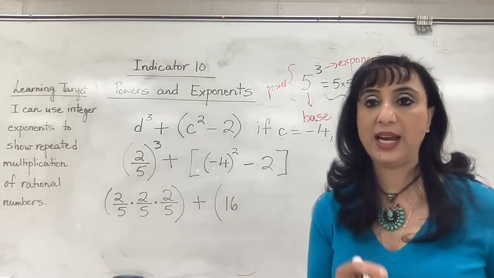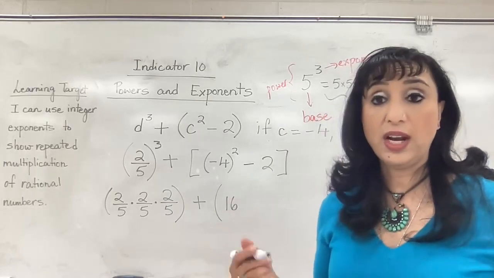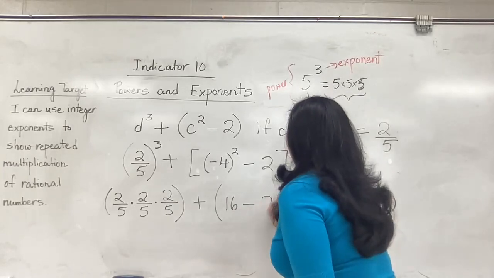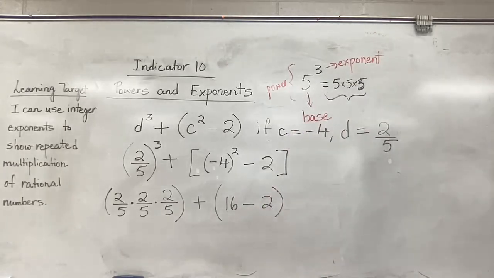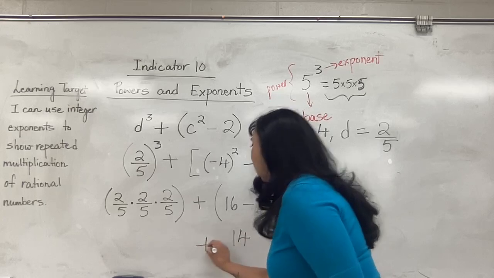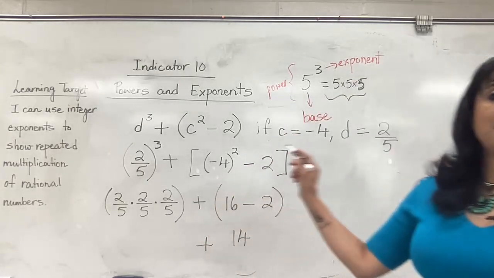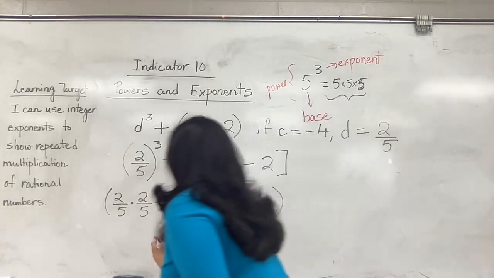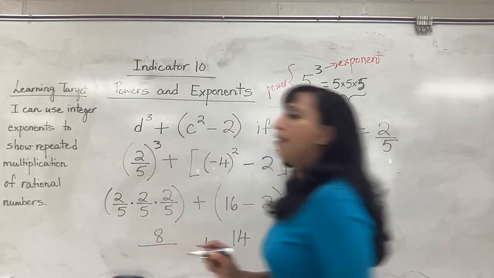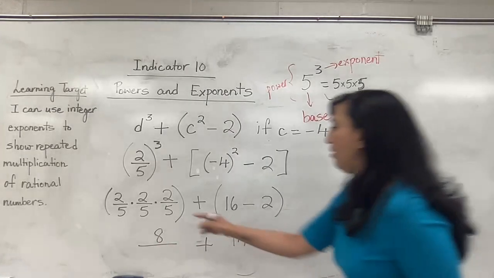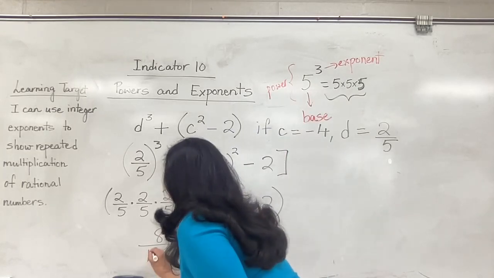Because negative times negative is what? Positive. So -4 times -4 gives me 16 minus 2. And what is 16 minus 2? 16 minus 2 definitely is 14, plus 2 times 2 times 2. 2 times 2 is 4 and 4 times 2 is what? 8 over 5 times 5 is 25, and then 25 times 5 is 125.